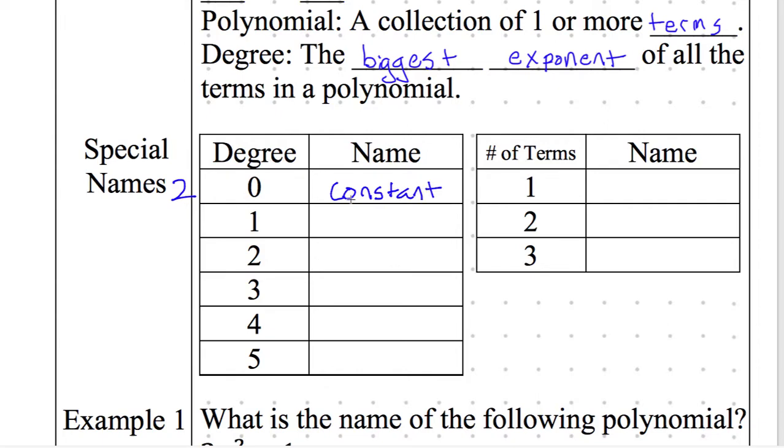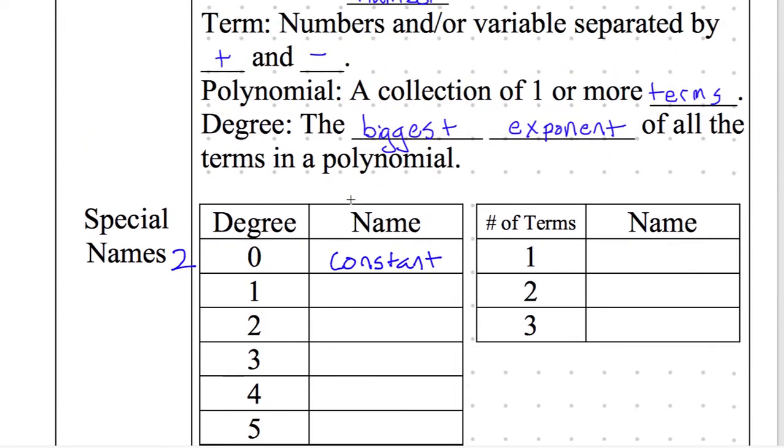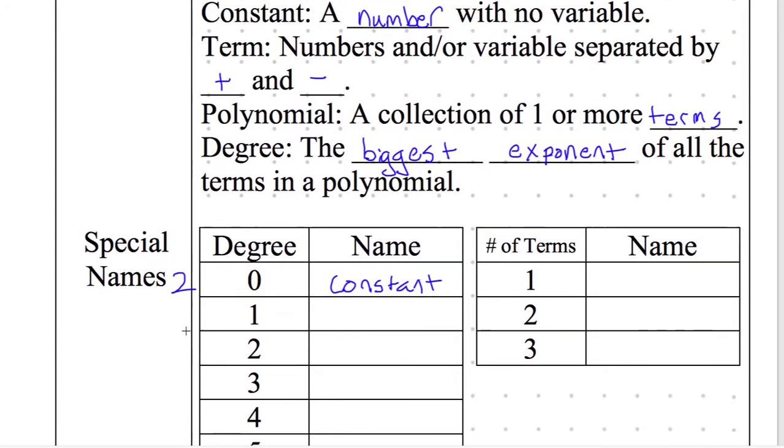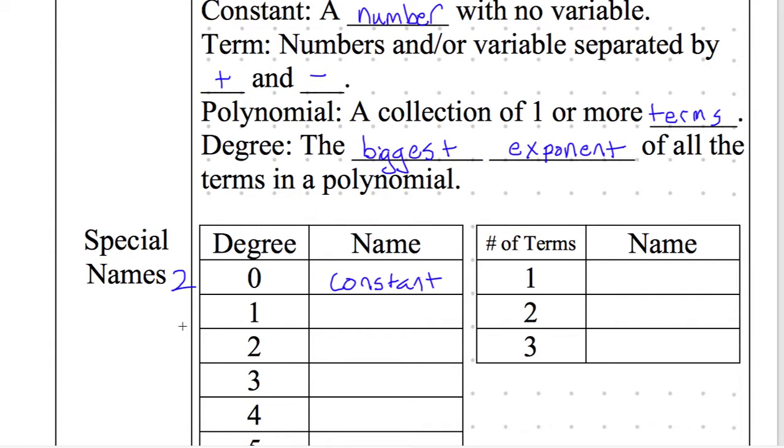Wait, Mr. Sindel, you already defined a constant. A constant up here is a number with no variable. Well, yeah, 2 is a number with no variable, so it's called a constant. Two different ways of defining it. It's a degree 0 term. That's also a constant. A degree 1 term, that's something like 3x, because 3x is really 3x to the power of 1. A degree 1 term is called linear.